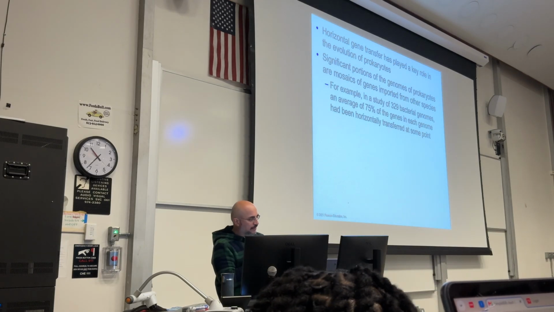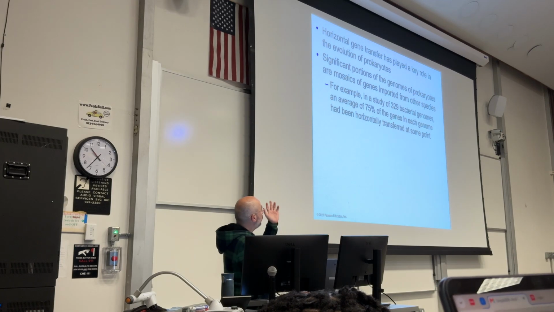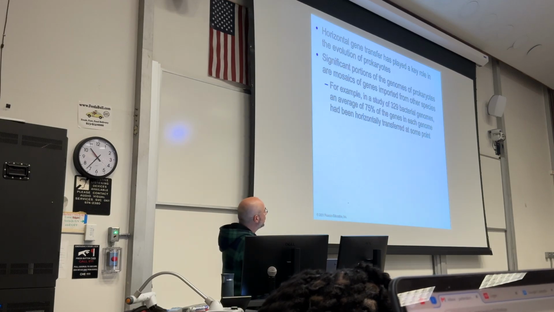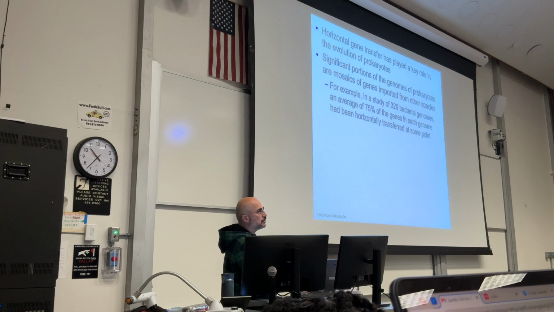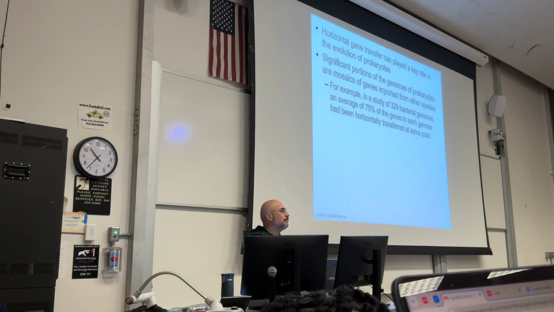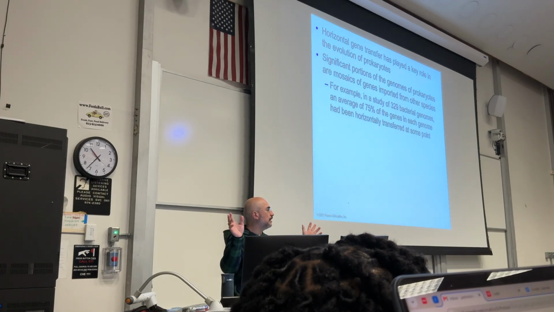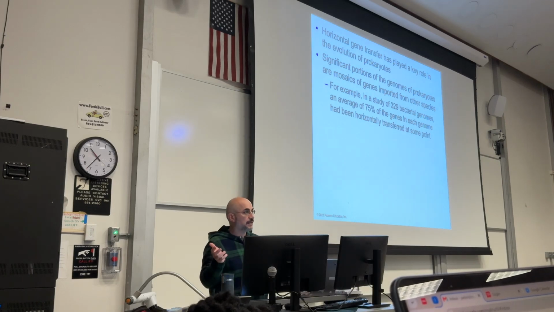So, one example of research is that when people look at just a little over 300 bacterial genomes, on average, 75% of all the genomes that they analyzed were a chimera of different things from different bacterial species, or quote unquote what we consider bacterial species.